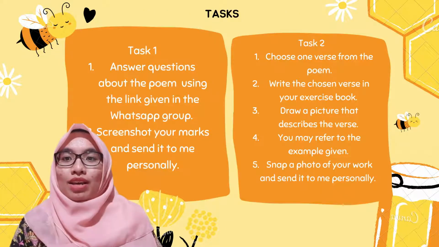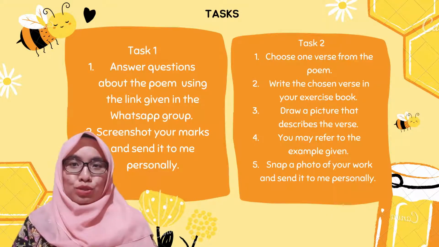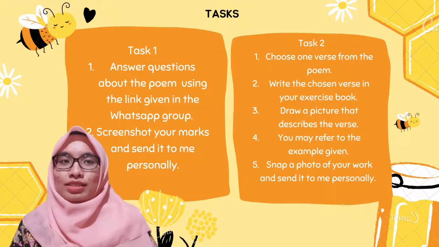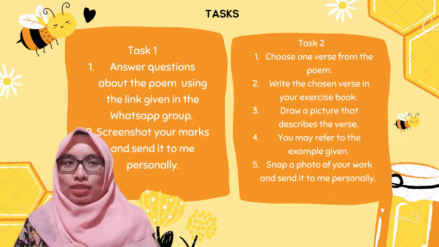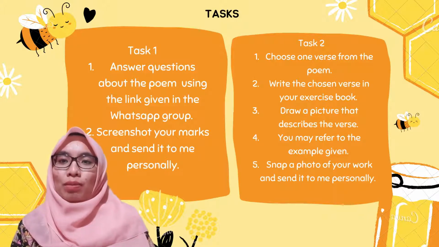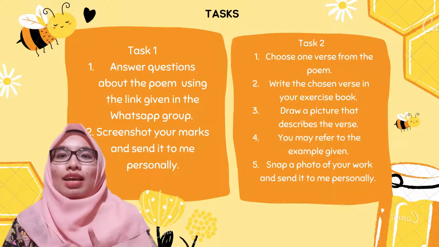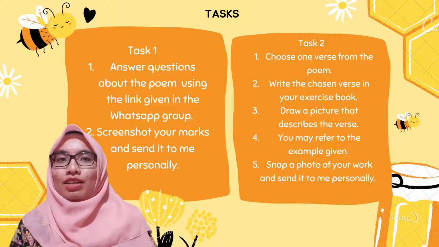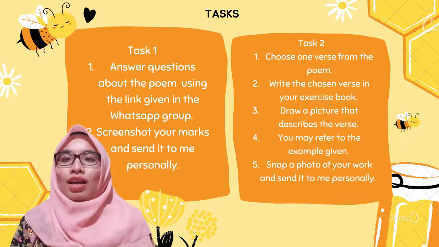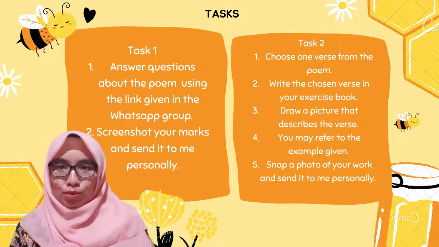Before we end our lesson for today, there are two tasks that I would like you to do. The first one is please answer questions about the poem using the link given in the WhatsApp group. Screenshot your marks and send it to me personally through WhatsApp. And the second task is I need you to choose one verse from the poem and write the chosen verse in your exercise book.